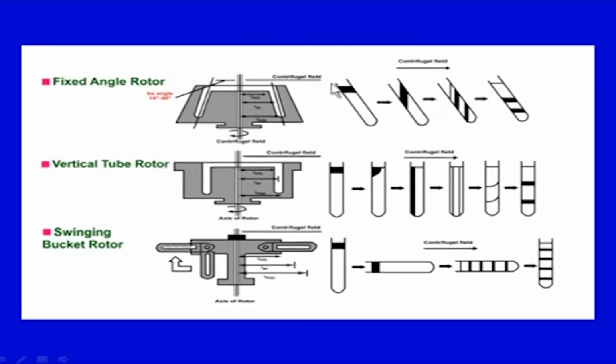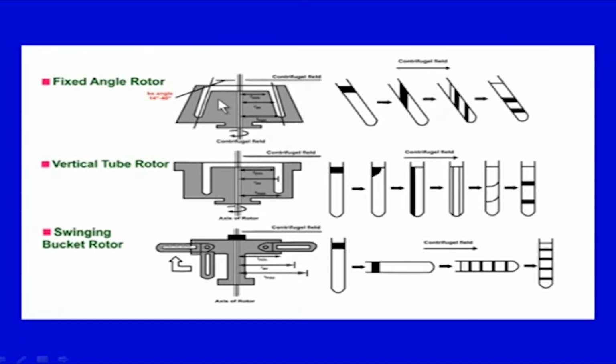Now, these are the positions given when the rotor is at rest. The first tube is put into this rotor, and the rotor is placed in the centrifuge on the central drive shaft.